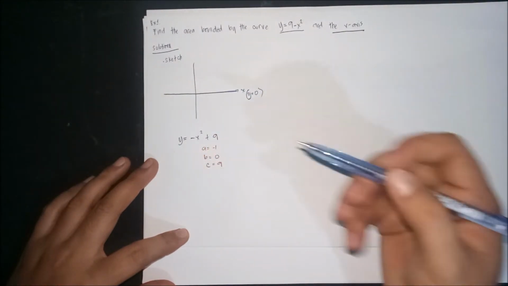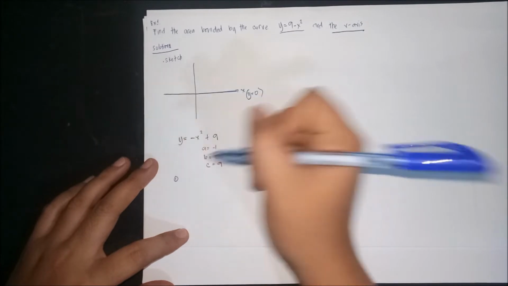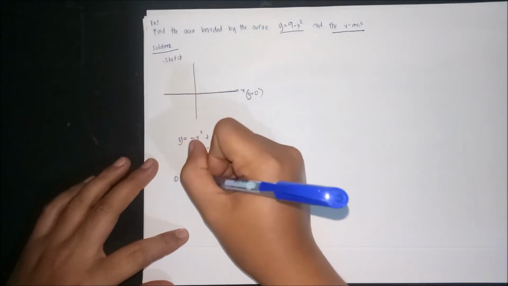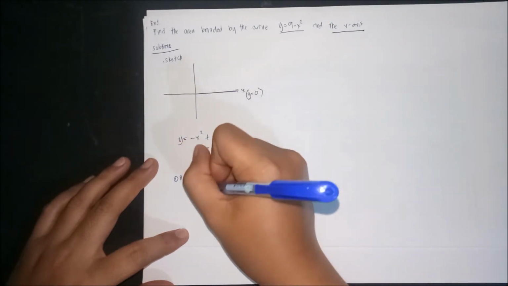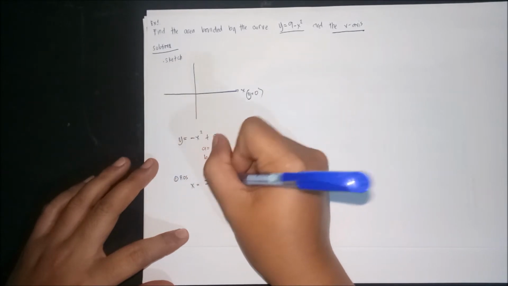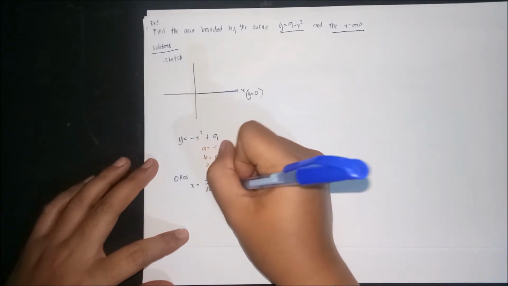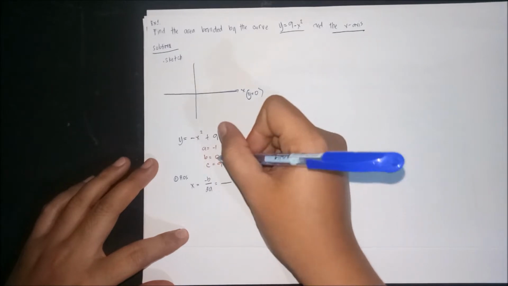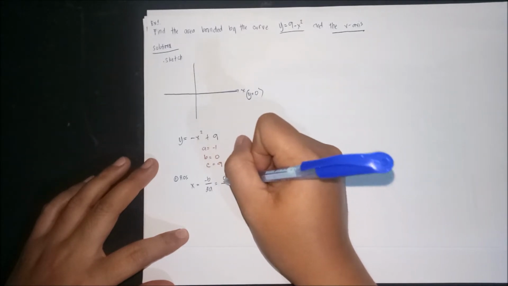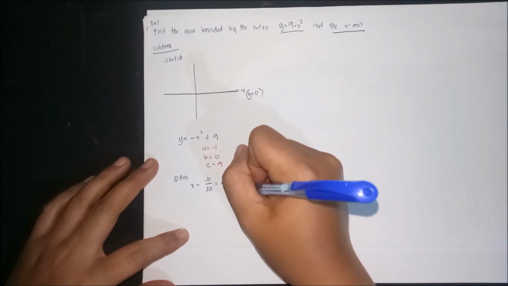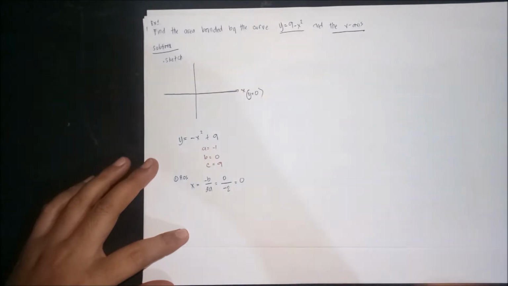Okay? Now, first, hanapin natin si axis of symmetry. That is, x is equal to negative b over 2a. And that is equal to negative b, that is 0, over 2a, that's negative 2. 0 over a number is 0.